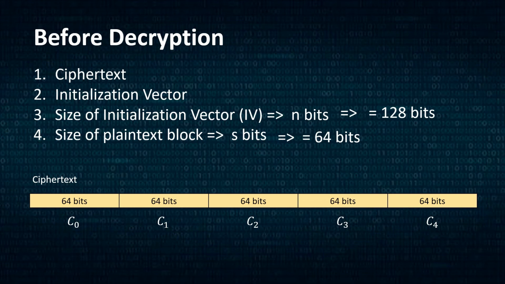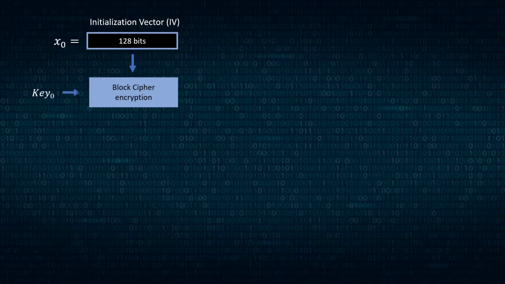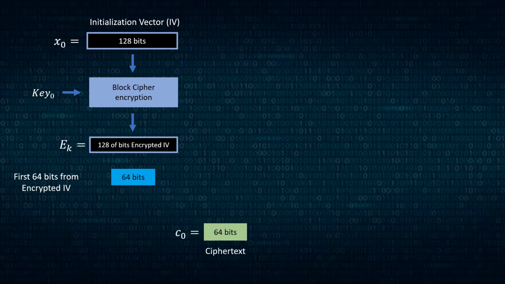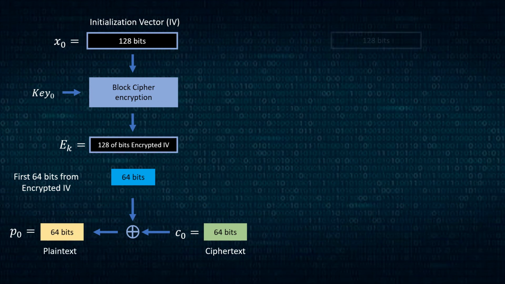Now we proceed with the decryption process. Decryption of CFB is very simple. The decryption is just the opposite direction of the encryption process. First we also encrypt the IV with key 0. Then we use the first 64 bits of the encrypted IV to perform an XOR operation with the first block of ciphertext C0. Now we get the first block of plaintext P0. The same goes for the second cycle.